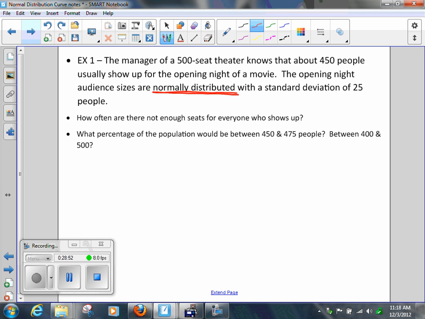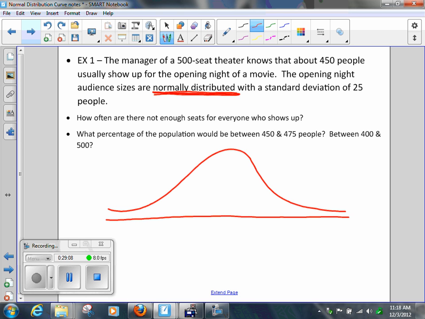Say what? First thing we have to do is draw the curve. Okay? This right here tells us that it is a bell curve. So, as neatly as you can, draw yourself a normal distribution curve. The maximum point on our curve is where the mean occurs, the average.